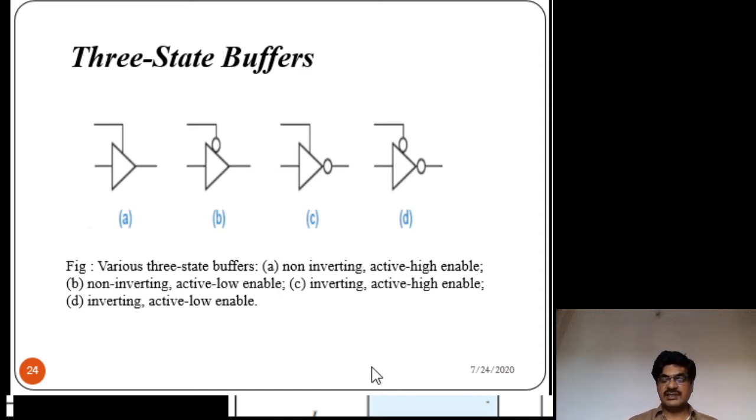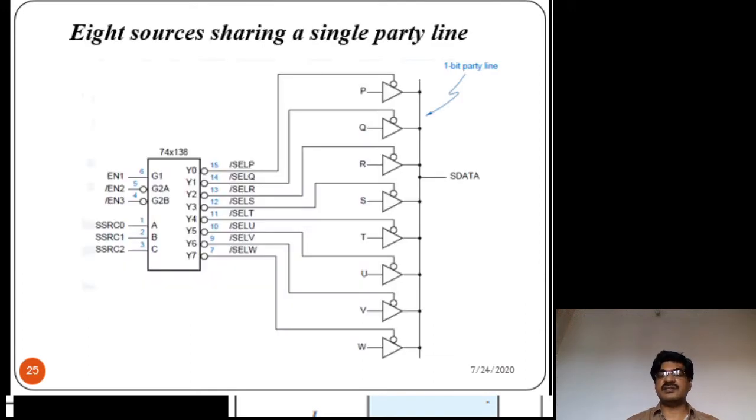Now let us see which MSI ICs are available for these tri-state buffers. Here is one application we are representing. There are 8 sources sharing one common bus to transmit the data. The select lines are from the decoder, 74138.